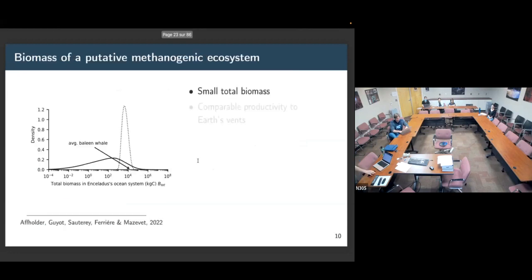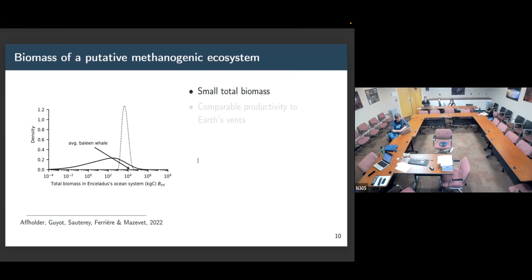Okay, first let's take a look at the potential size of our calculated population. So here we show a distribution where the solid black line is the prior case, so not making any assumption on whether the population is the source of the plume-found methane. But this is what we do for the dotted distribution here. Those simulations are the simulations that best match the amount of methane found in the plume.